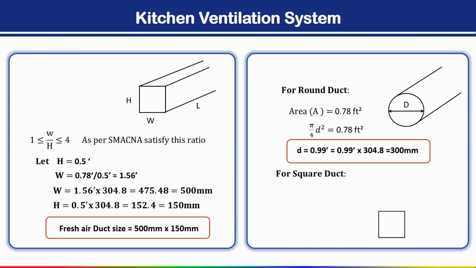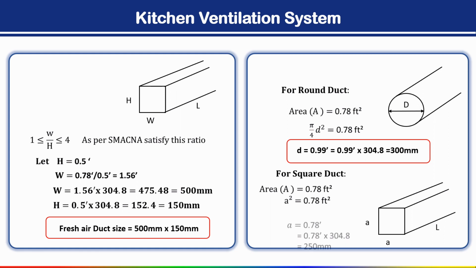And for a square duct we know that all sides are equal. You can see in this image, this is the length and the side of the square duct is small a. The area is 0.78 square feet, and the area of a square is small a square. So finally you will calculate the small a value 250 mm.